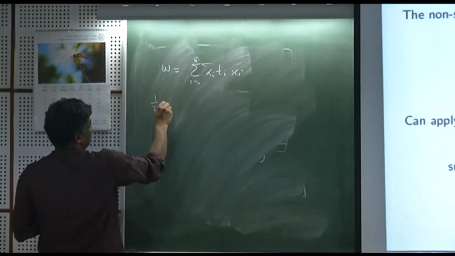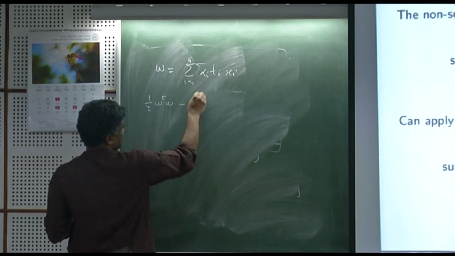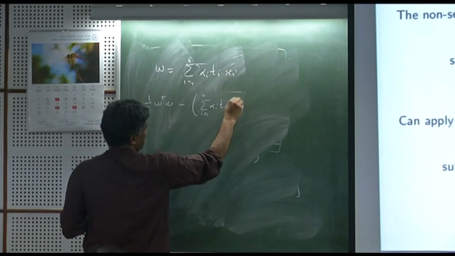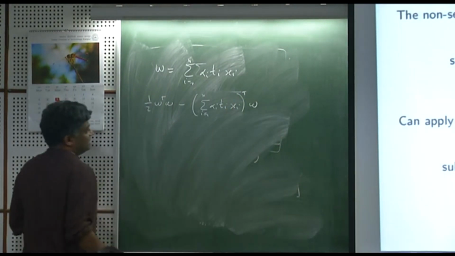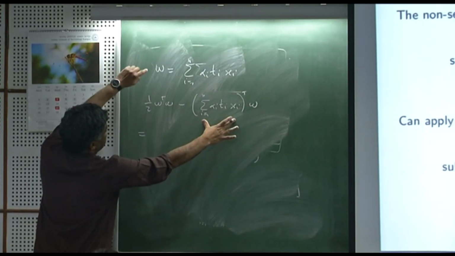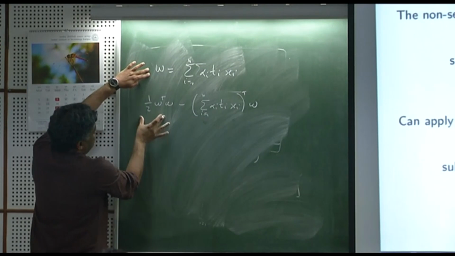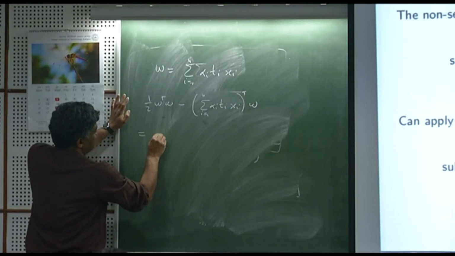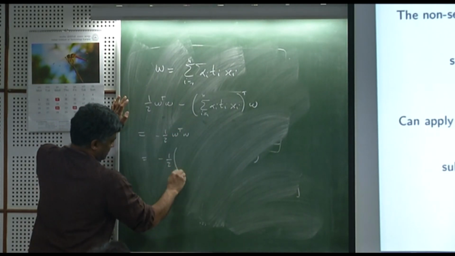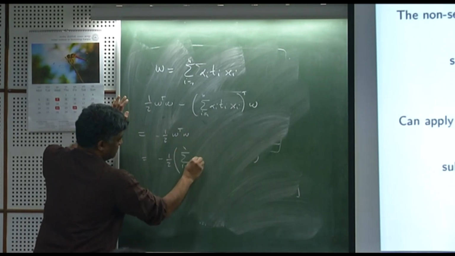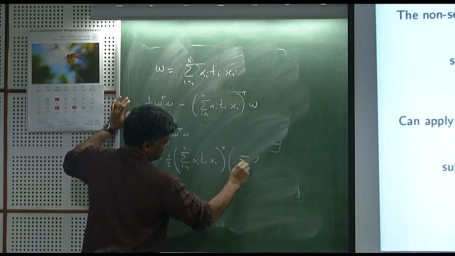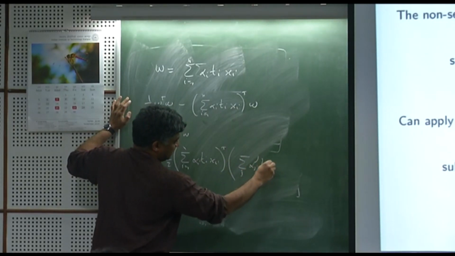So if you look at 1/2 W transpose W minus summation of i going from 1 through n alpha_i t_i x_i transpose W, if you plug that back in, you'll end up getting that this quantity is nothing but W transpose W, and this is 1/2 W, so this will turn out to be minus 1/2 W transpose W, which is equal to minus 1/2 summation over i of alpha_i t_i x_i transpose summation over j alpha_j t_j x_j.